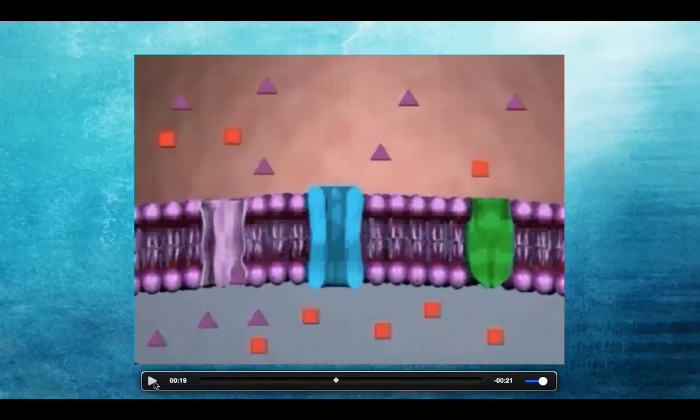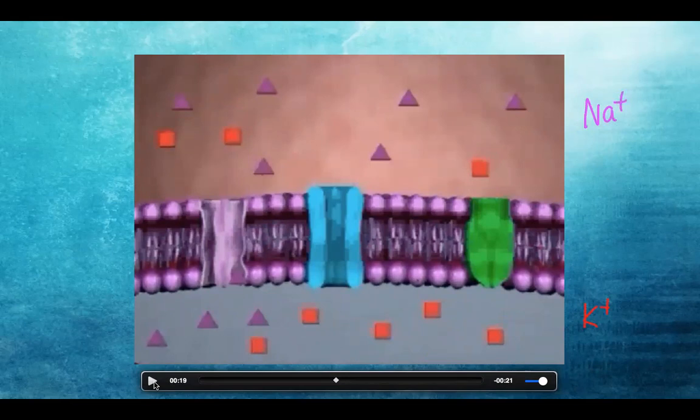Okay, so first thing I want you to do is look at the concentrations on either side. So in this case, you have more red squares on the inside. The red squares are going to be potassium, and you have more purple triangles on the outside. That's going to be sodium.